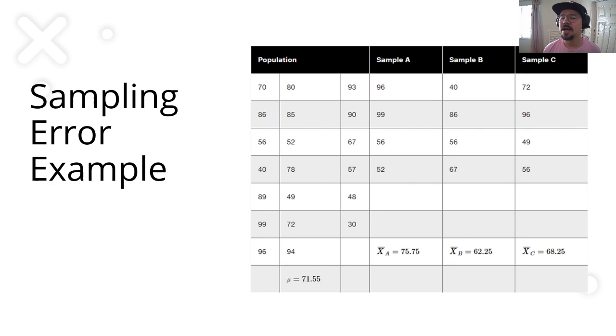So sample C, we have 4 scores, add them together, divide by how many there are, we get an average for sample C of 68.25. That is not the exact same as the population mean, okay? So that is representative of the sampling error. That is the difference between our sample A and the population mean, or sample B and the population mean, or sample C and the population mean.